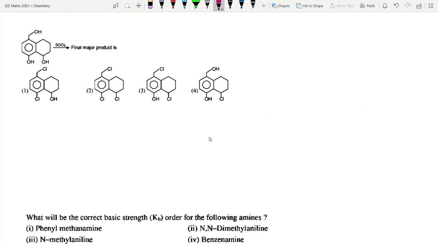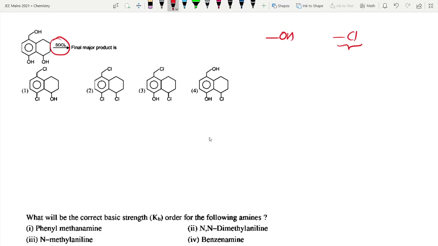So I am in a complete advantage today, because I talked with one of my students who gave this paper, and he told me about this question also. In this question, this is SOCl2, and this is very particularly interesting, because the OH group gets replaced by Cl, but whether the configuration of the chiral carbon is retained or inverted, there we use SOCl2, and there is a discussion about these things.